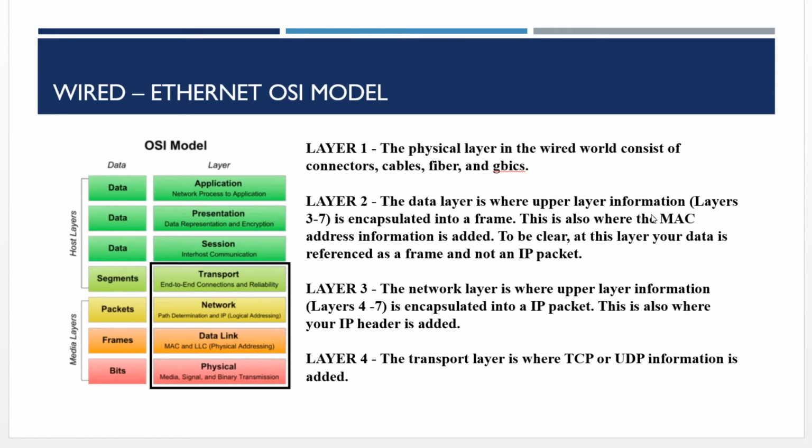Like most network cards, they have a MAC address, sort of like a home address. Layer 3 is the network layer, where all the upper information is encapsulated into an IP packet. That's where everything is getting ready to be packed in there. And then the transport layer is where the TCP or the UDP information is added. That's the wired Ethernet OSI model.